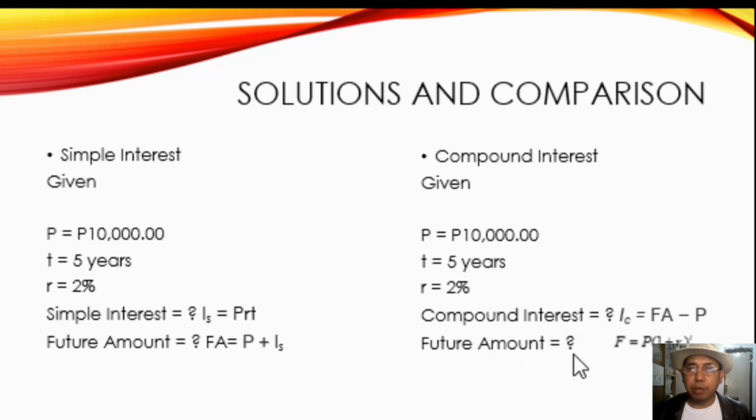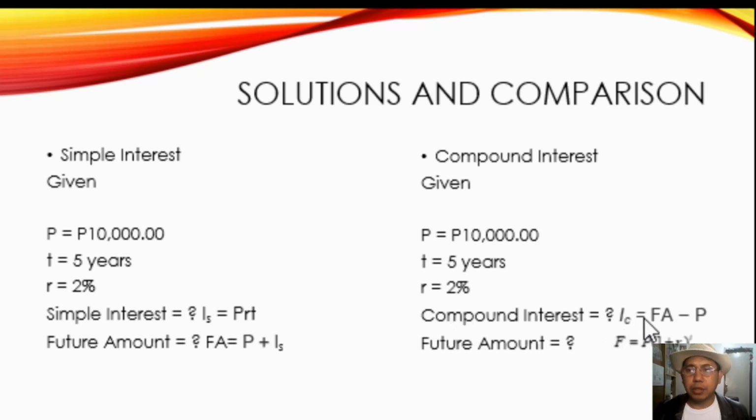To get the compound interest, that is the same as saying I is equal to future amount minus the principal. Of course, we cannot get the interest if we do not compute the future amount. So what would be our working equation for the future amount? Future amount is equal to principal multiplied by 1 plus the rate.